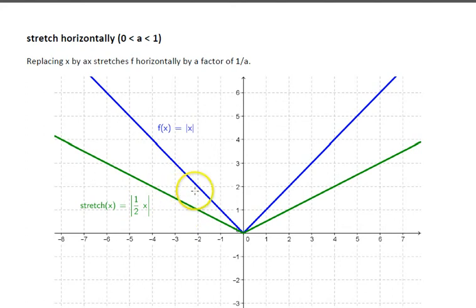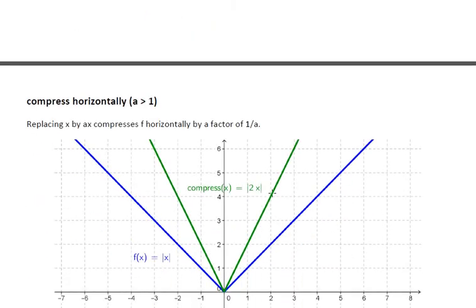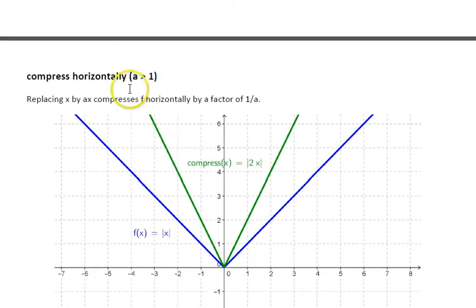And this will stretch it out more horizontally. Notice it's the opposite here. The fraction value stretches it. The non-fraction value, when the coefficient is greater than 1 and you replace x by a times x, such as the absolute value of 2x, here this is a compression horizontally.